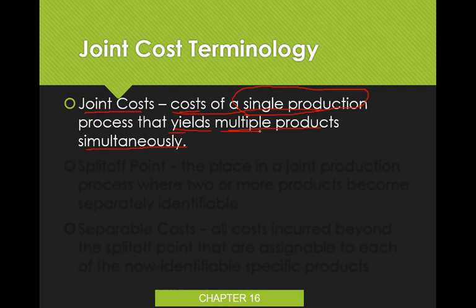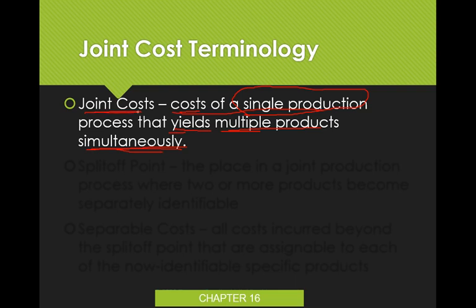Oil refinement yields multiple products like petroleum, gas, kerosene, gasoline, etc. Simultaneously means these products are produced at the same time, في نفس الوقت in Arabic.